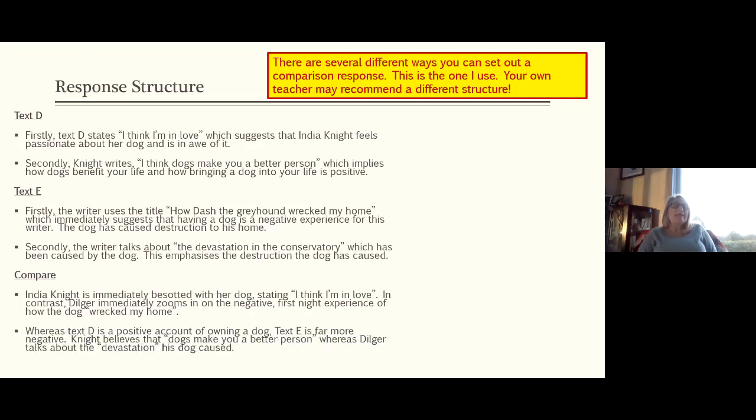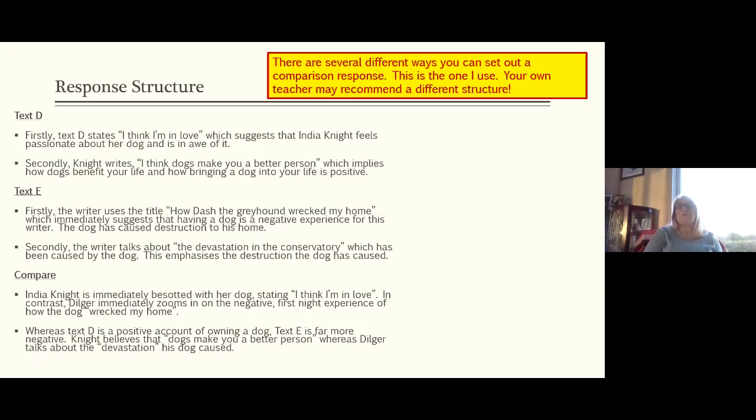Okay, and then whereas text D is a positive account of owning a dog, text E is far more negative. Knight believes that dogs make you a better person, whereas Dilger talks about the devastation his dog has caused. So again, I'm focusing on the positive and the negative there. There are other things you could focus in on. You might talk about the types of dogs that they've got.